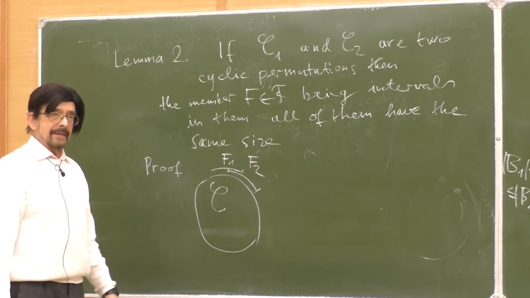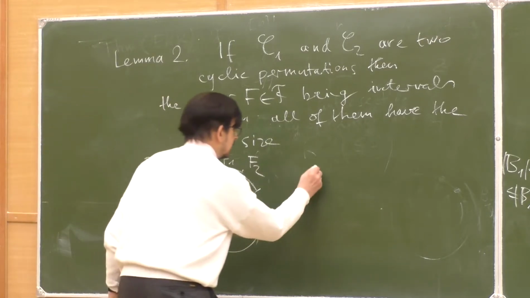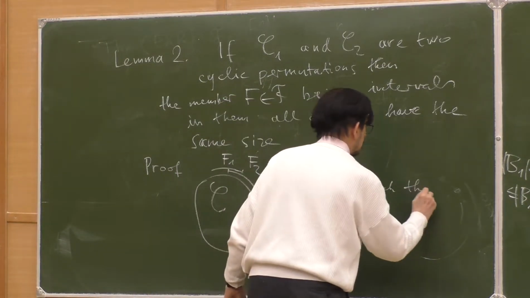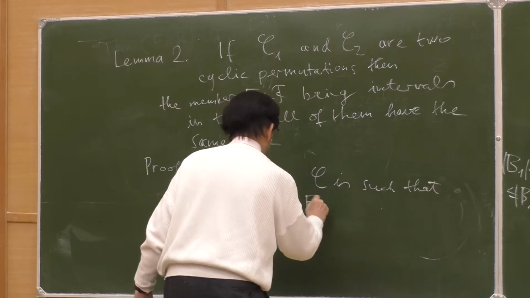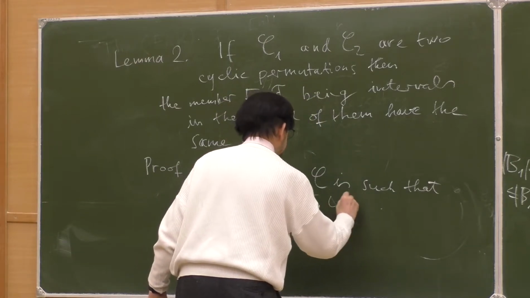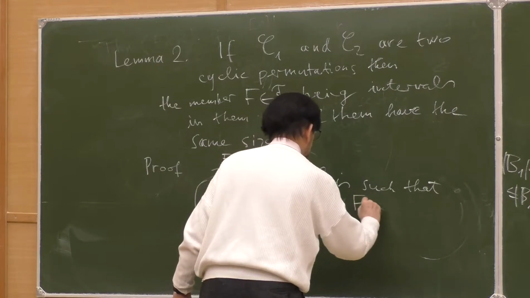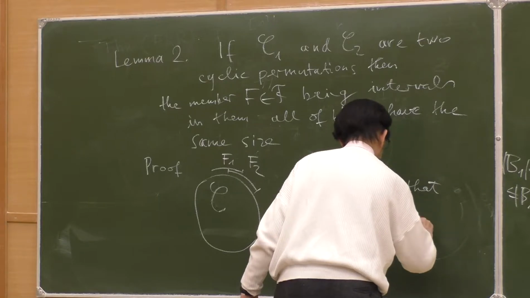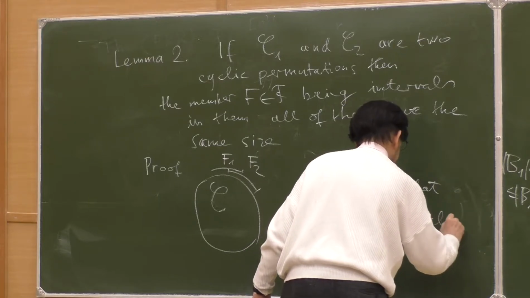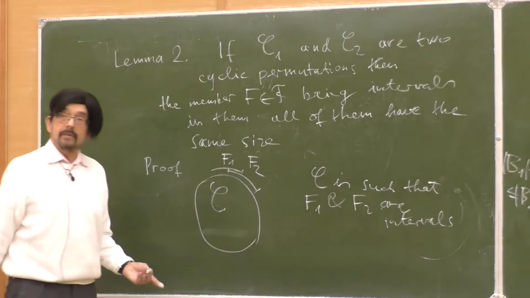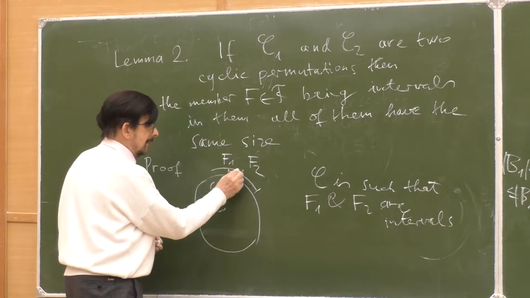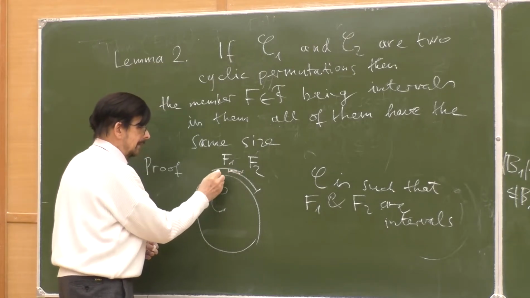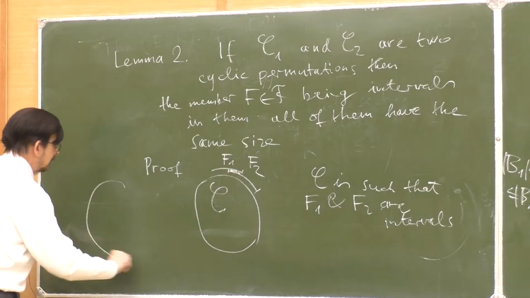take such a C that F1 and F2 are intervals. It's easy to do. We just fix the intersection. So this is the intersection, and okay, once more.